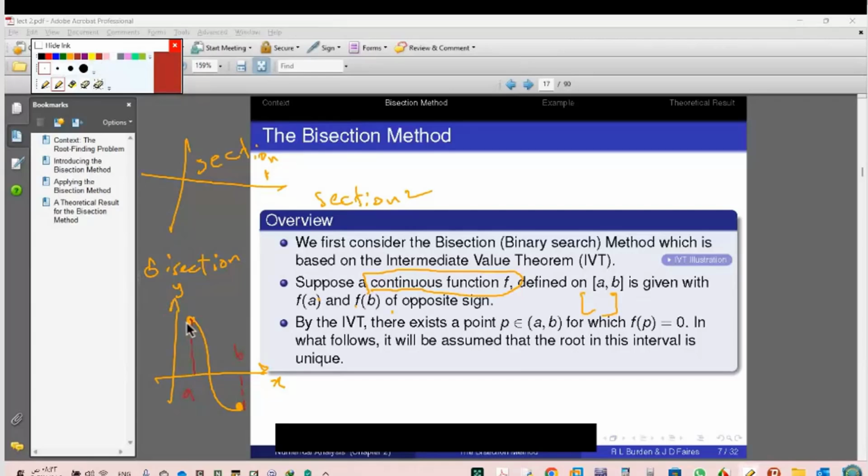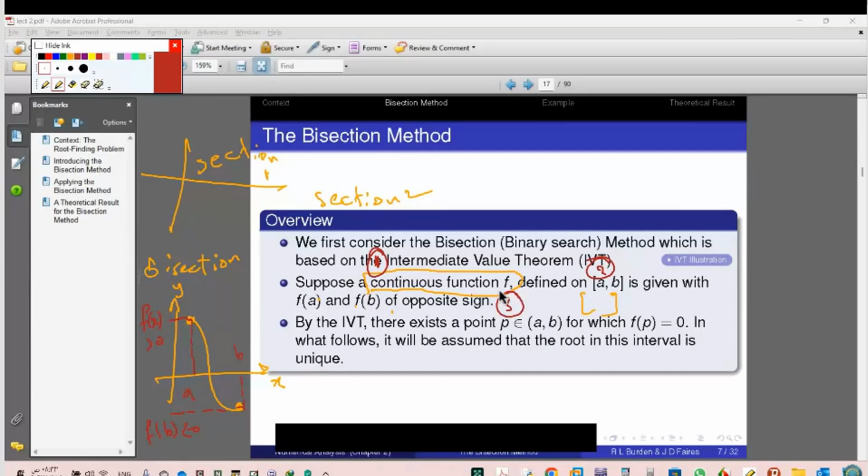So see, if f(a) is bigger than 0 and f(b) less than 0, so if f(a) and f(b) have opposite signs, how many conditions do we have? We have 1, 2, and this is 3.